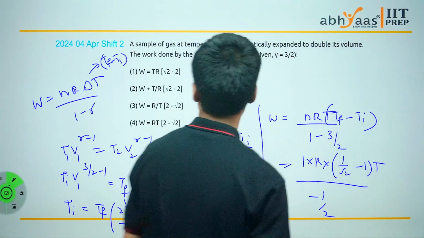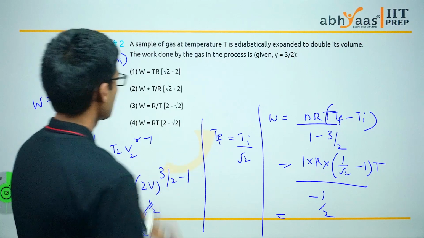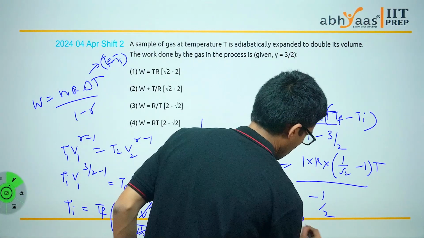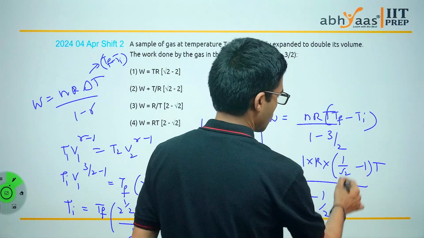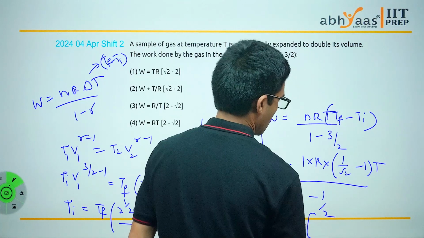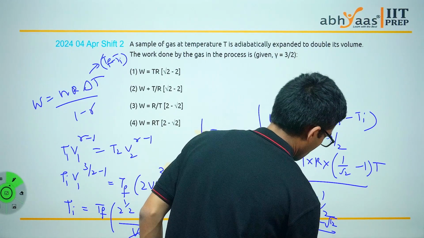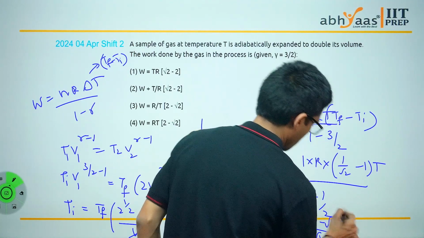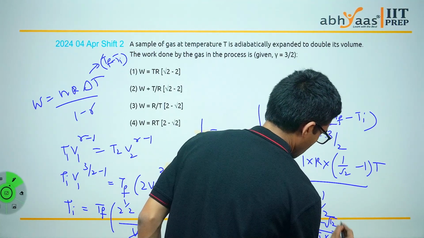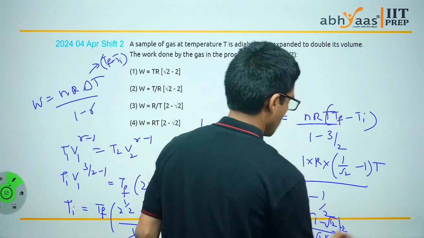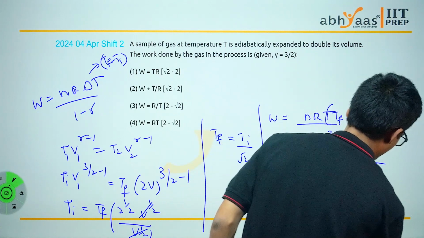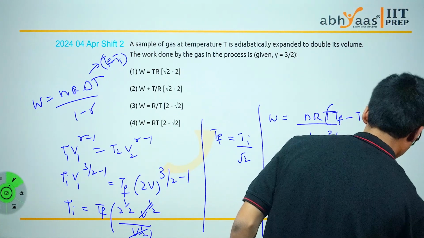If you calculate, you will get 2TR into (1 by root 2 minus 1), that is 1 minus root 2 by root 2. A negative will be there. So you will get 2TR into (root 2 minus 1) by root 2.